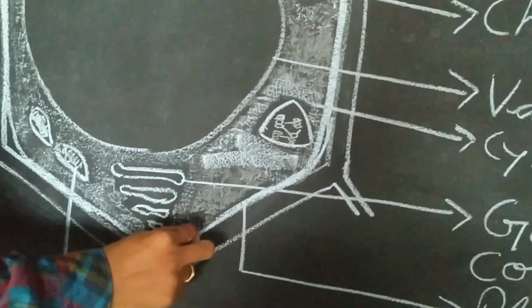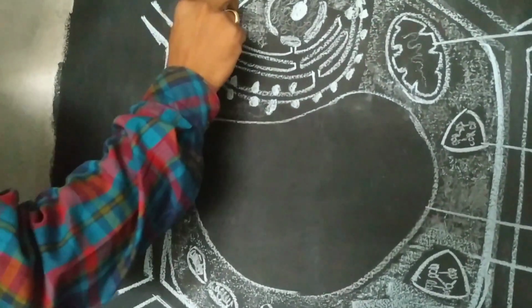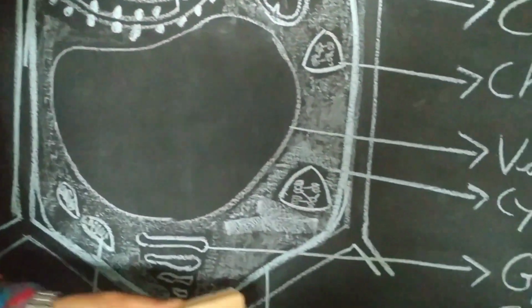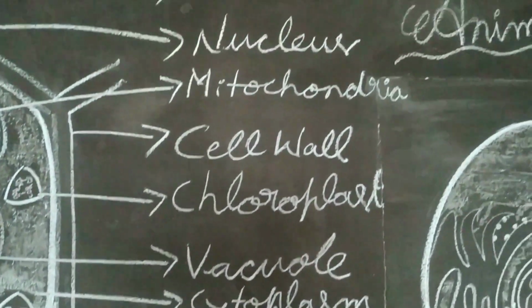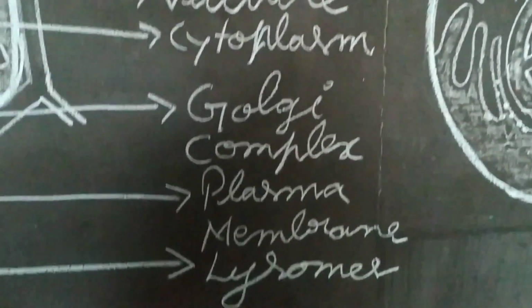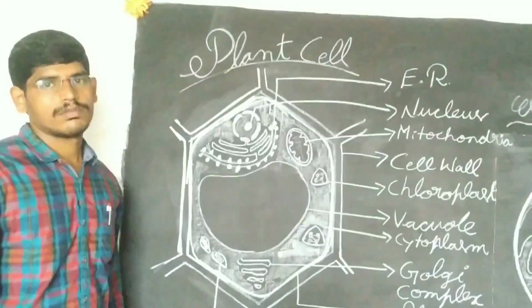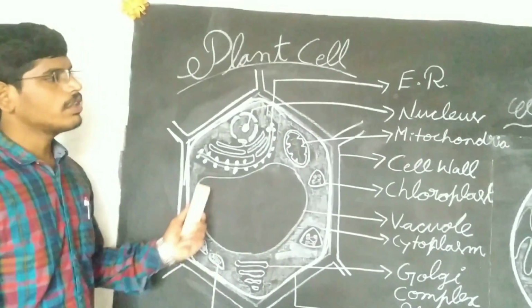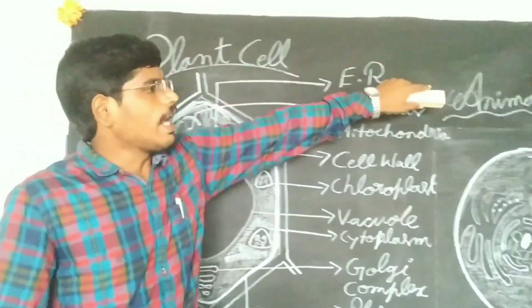It is called as the plasma membrane. Okay, plasma is taken from the cytoplasm and it is a membrane, so together it is called as plasma membrane. So these are the major differences for both plant cell and animal cell.